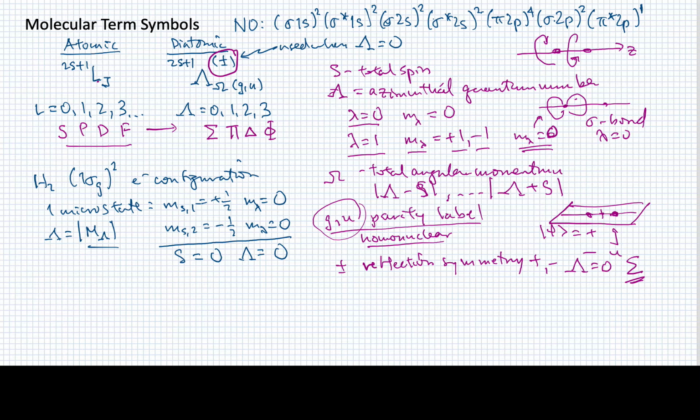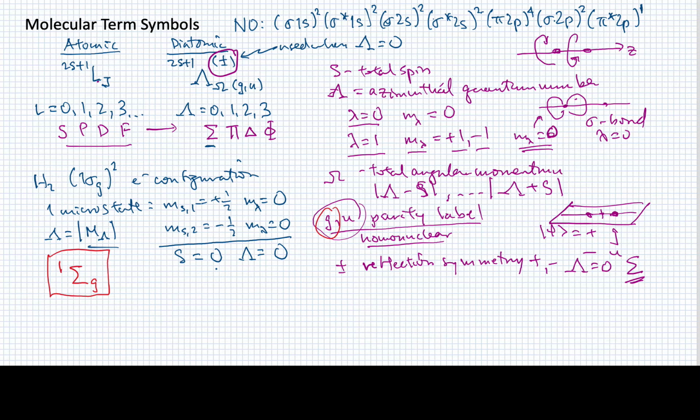So we have 0 and 0, which makes things really easy. We know we're going to have a sigma state. 2S plus 1 represents 1, so the term symbol in the case of hydrogen is going to be a singlet sigma state. And we know that a sigma bonding orbital has symmetry of g. So singlet sigma g would be the term symbol for hydrogen. That's a really easy one to do.